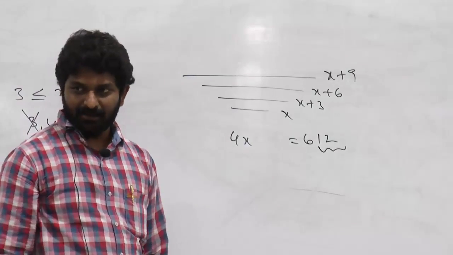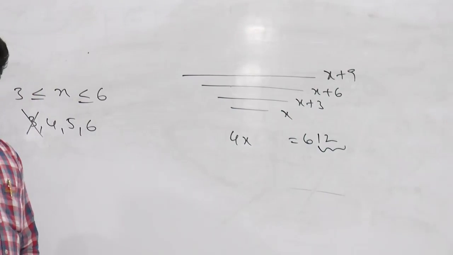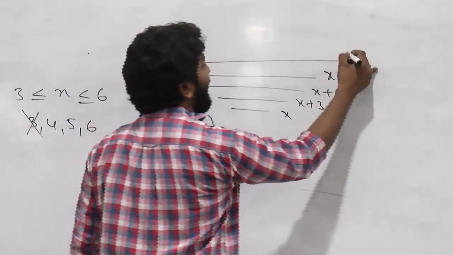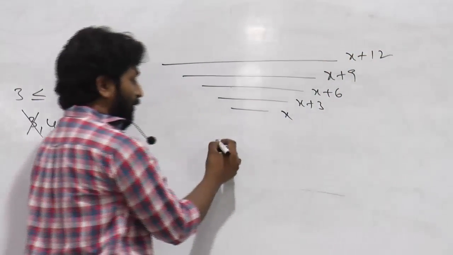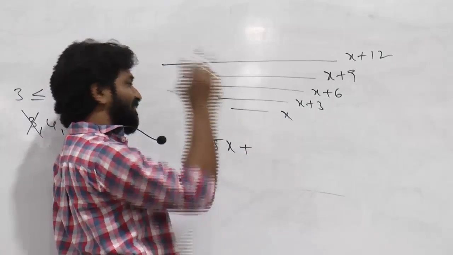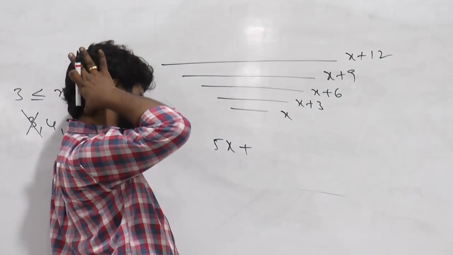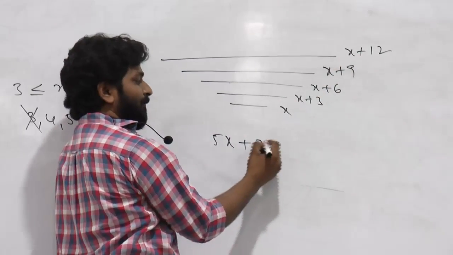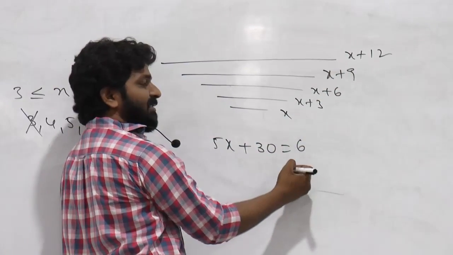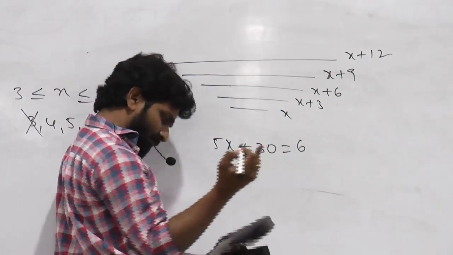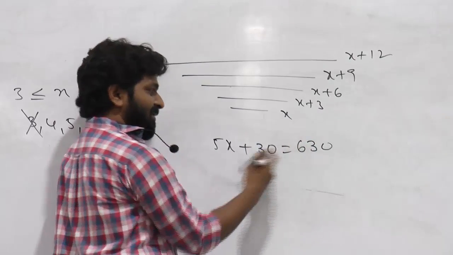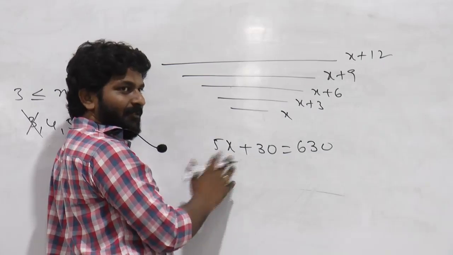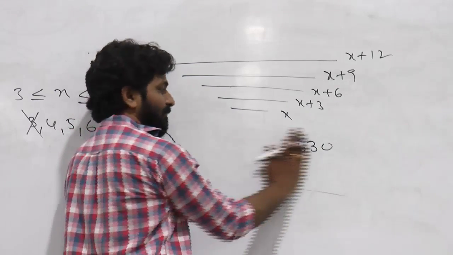So you will get an integer. So 4 rows is also possible. If you have 5 rows, the 5th row will have x plus 12 members. Total number of people, 5x plus 30, is equal to 630. This is also possible. Plus 30 goes to the right hand side, becomes 600. 5x can be equal to 600.